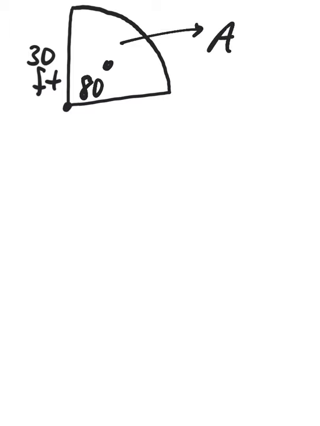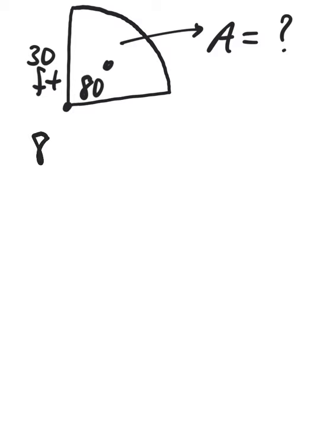Let's see if we can find the area. Now it'll be in square feet of grass that gets watered. So let's see if we can't figure that out. The first thing is, if your central angle is in degrees, you have to convert it to radians.